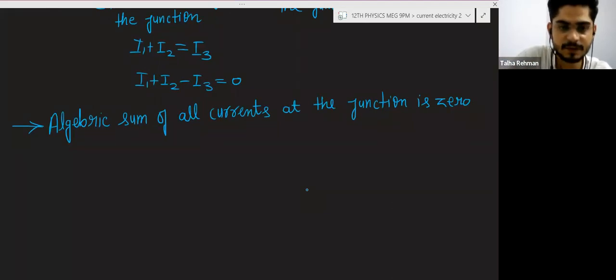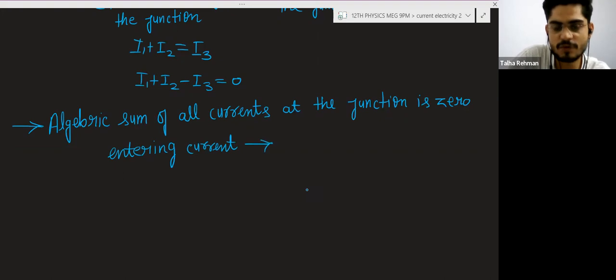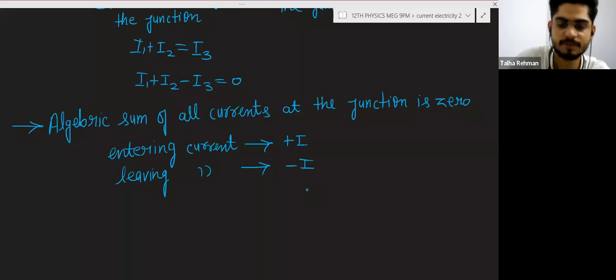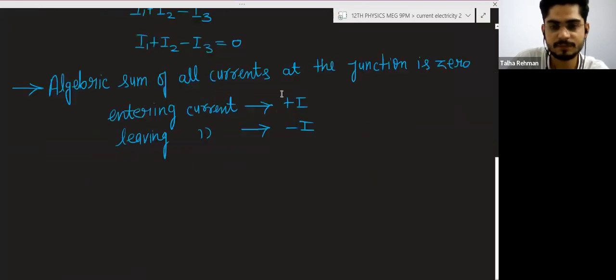If the current is entering the junction, you will take the sign of current as positive, plus I. If the current is leaving the junction, you will take the sign of current as negative. So you can apply this here.